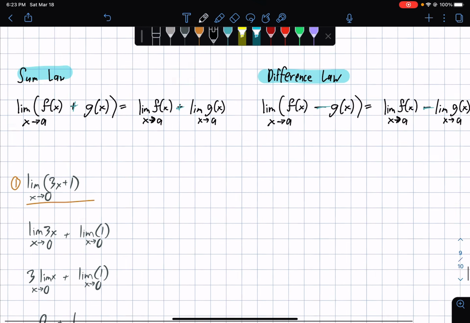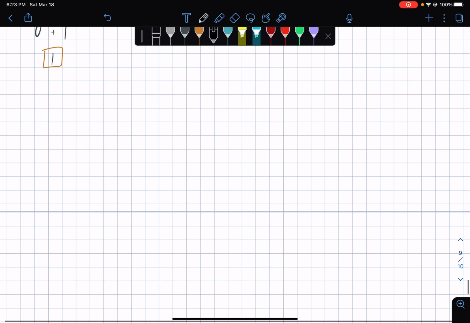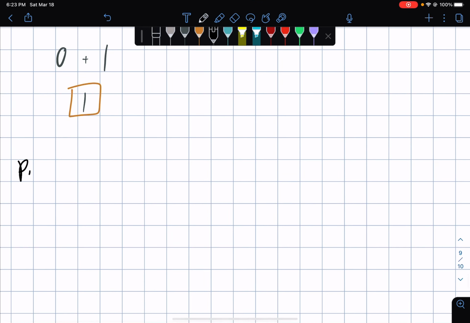Let's move on to the next law, which is product law. So limit of, okay, we're still going to use distributive property for this one.